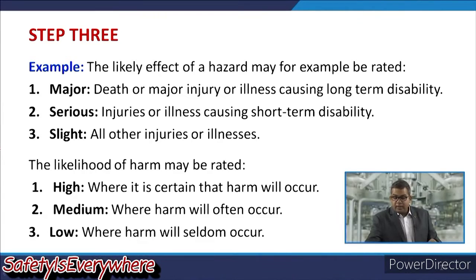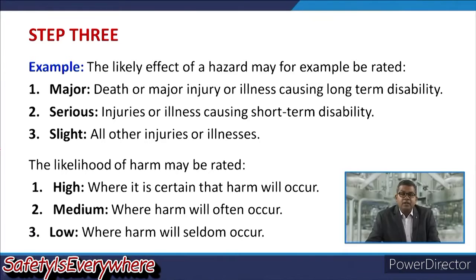Another example is the likely effect of the hazard, which may be rated as major, like death or major injury or illness causing long term disability, then injuries or illness causing short term disability, and there may be slight ones like all other injuries or illness.